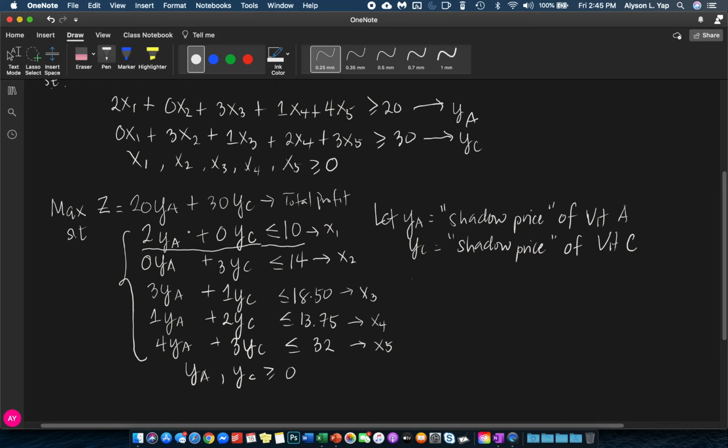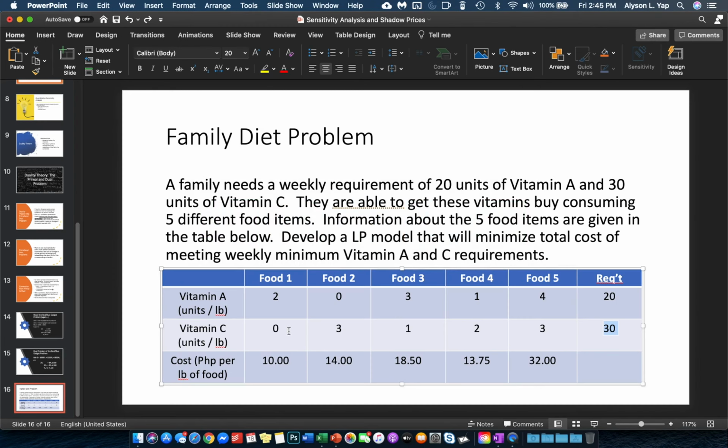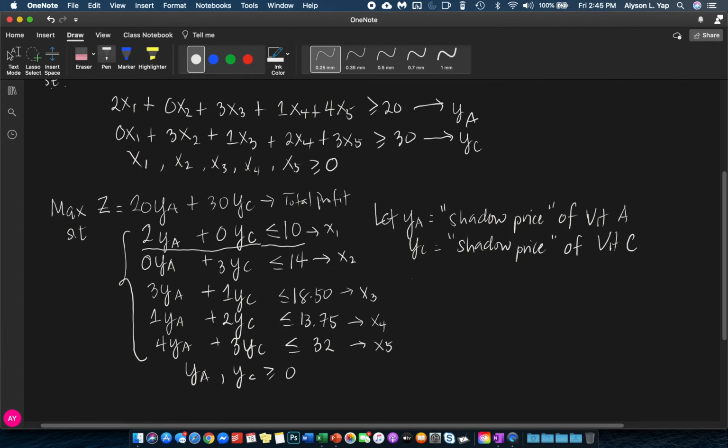Let's go back to the PowerPoint. 2 and 0 are the contents of vitamin A and vitamin C in food item 1. So 2 is the vitamin A content of food item 1. 0 is the vitamin C content of food item 1.